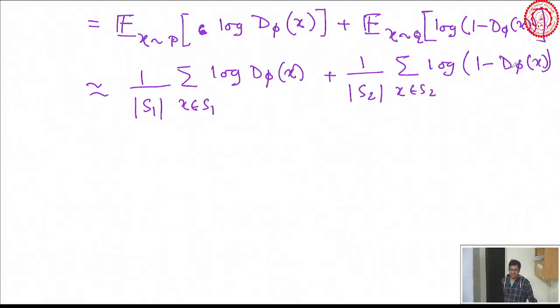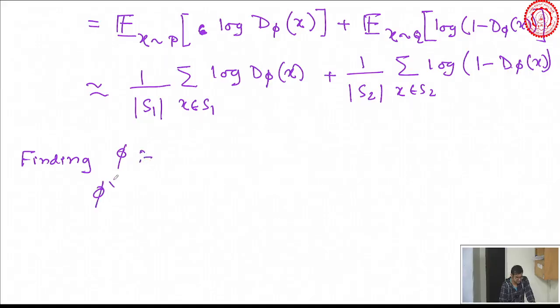So this is the likelihood, and likelihood we like to maximize, which means the negative of this I would like to minimize, and the negative of this is actually binary cross entropy. This is your Bernoulli likelihood. Okay. So that means how will I find phi? So this means finding phi. So phi star is equal to arg max over phi, and let's give it a name.